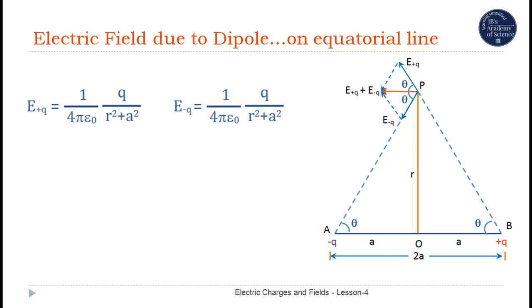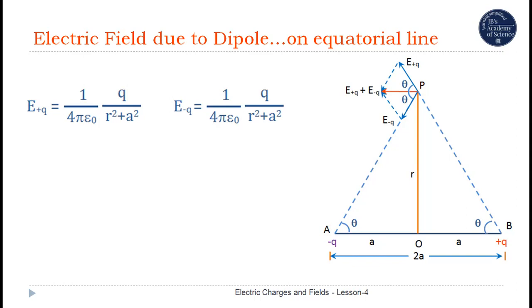Now, observe that the magnitudes of E plus Q and E minus Q are the same. Only the directions are different. The direction of E plus Q is away from the charge, as shown in the figure. The direction of the electric field due to the minus Q charge is towards the charge, as shown in the figure.